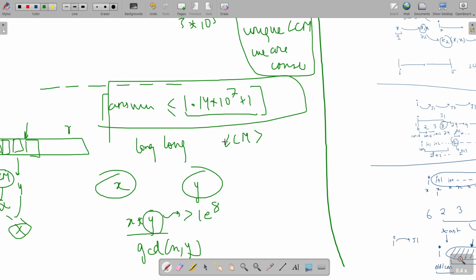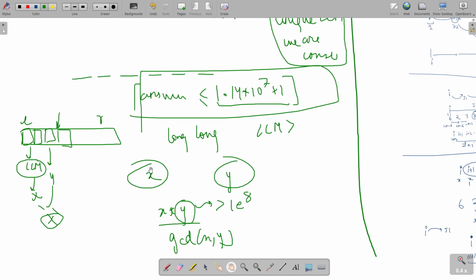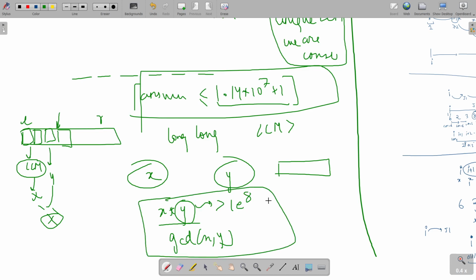So any LCM which is greater than this value is useless for us. So suppose we are combining two numbers, right? When we are finding the LCM, and any of these numbers is greater than 1e8, then it's obvious that their combined LCM will also be greater than 1e8. So in that case, you can just stop. You don't really need to go any further.